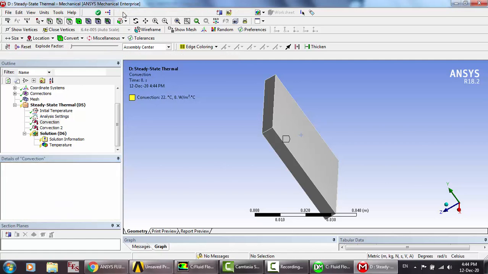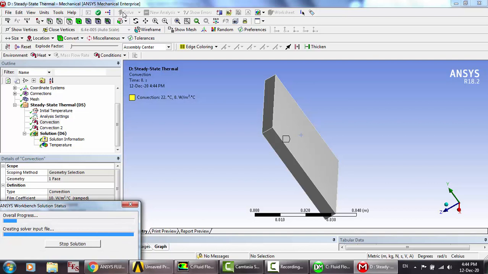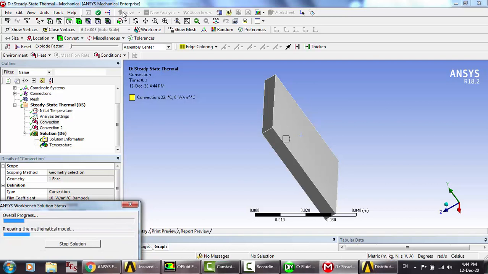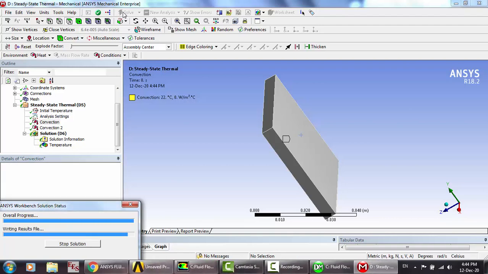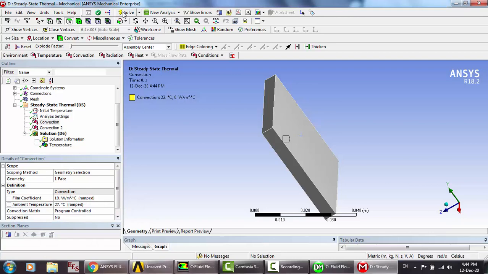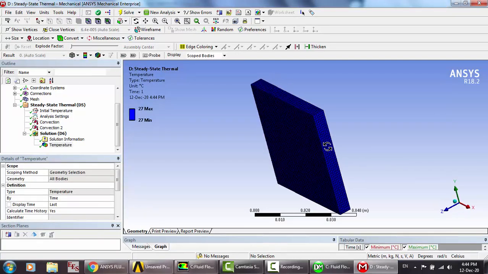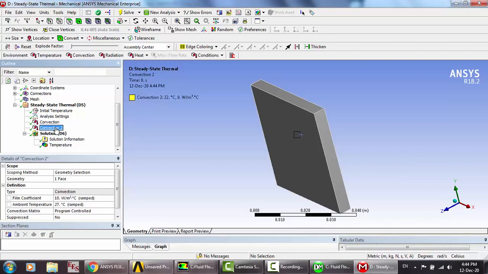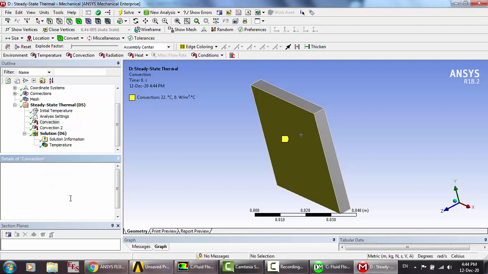Okay, so let's start from scratch. Let's see what's gonna happen. It's 27. No heat transfer. So this is 27. Now increase this to 50.